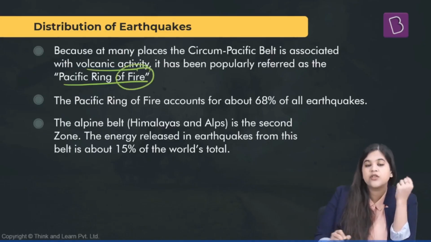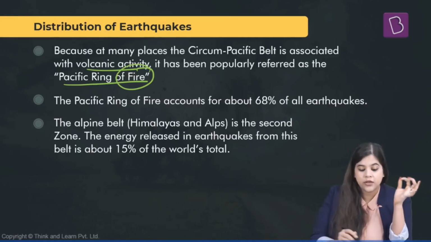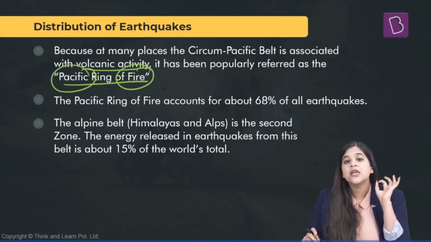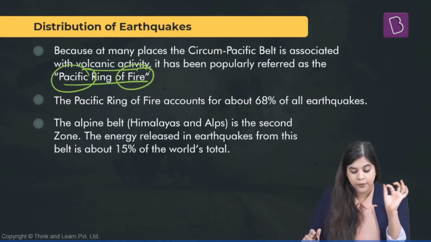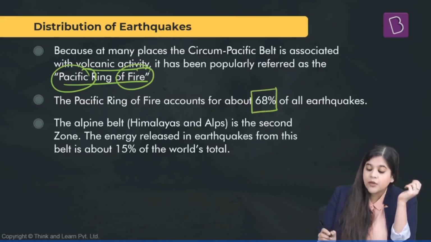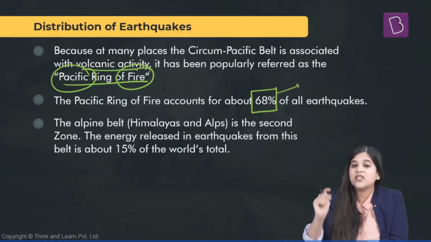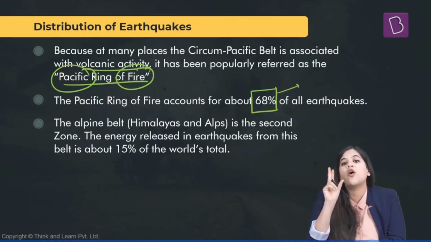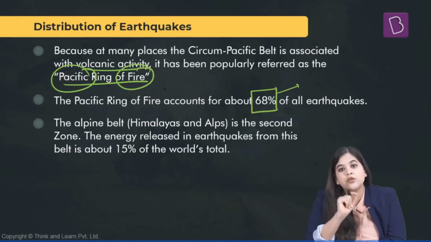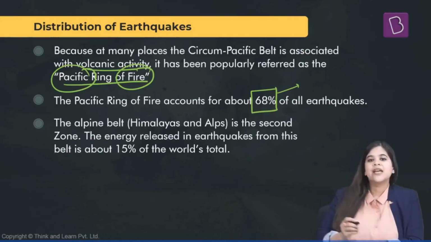And that is why it is known as the Ring of Fire around the Pacific, that is, the Pacific Ring of Fire. 68% of the global earthquakes occur in this region. So that is why it is one of the biggest regions of earthquakes and volcanoes on the earth.